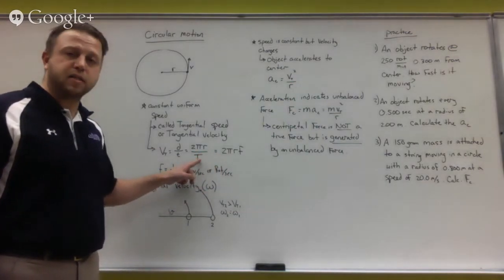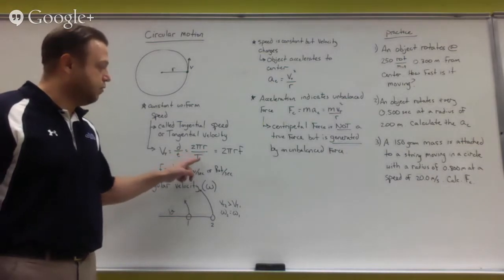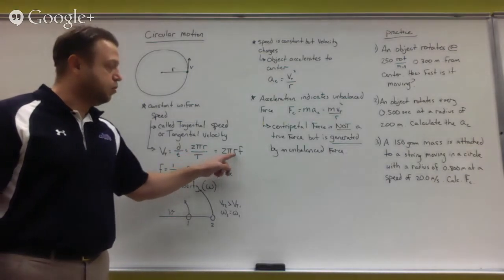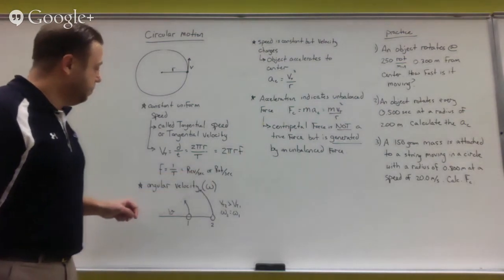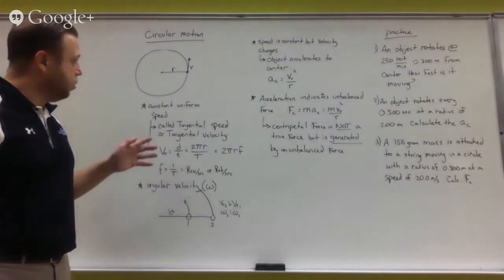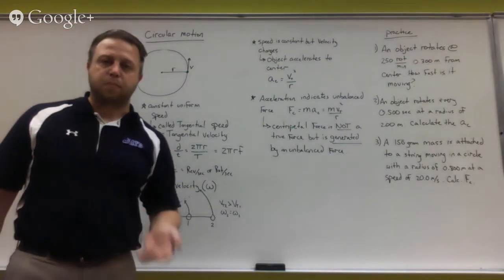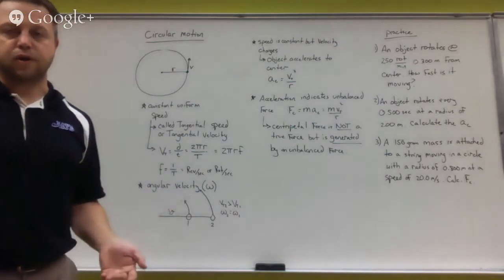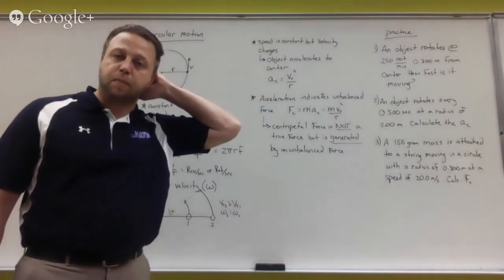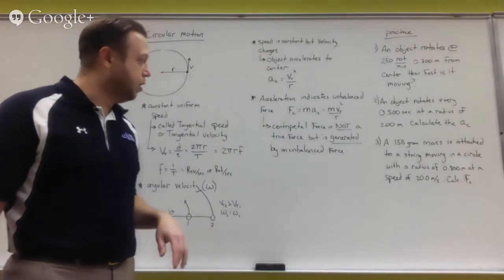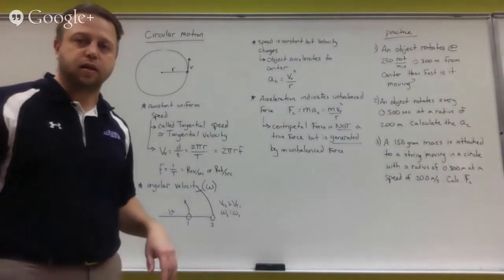So it should make sense that 2πr/T is equal to 2πr times the frequency. I think that pretty well sums up the basic speed calculation for anything going in circular motion. We'll deal with a couple of practice problems on the right-hand side of the board in a little bit, and go over this in more detail at that point.